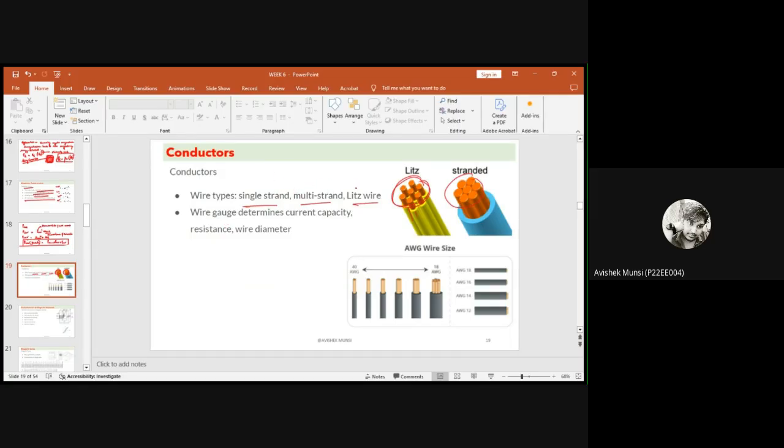Litz wire is basically preferable in high frequency transmission, like in wireless power transmission, where we prefer litz wire for designing the coils and inductors. Another factor you have to keep in mind while choosing the wire is the size of the wire.